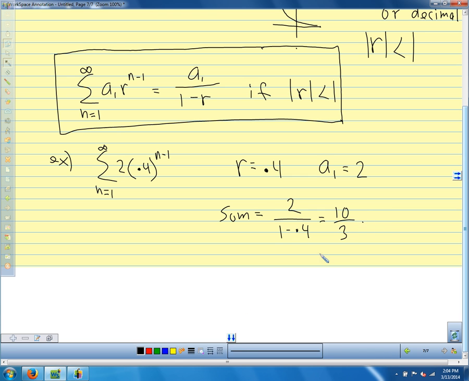So what I did to get this 10/3, this is 2 over 1 minus 4/10. So this turns into 6/10 minus 4/10, and that's where I get that 10/3. All right, questions there?